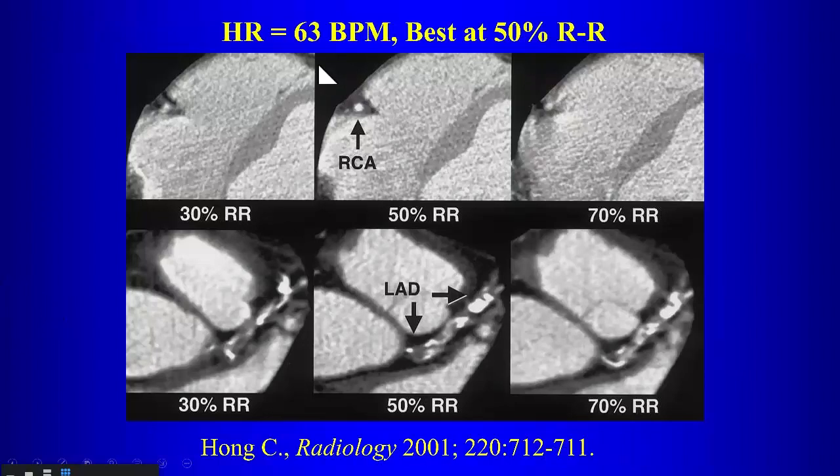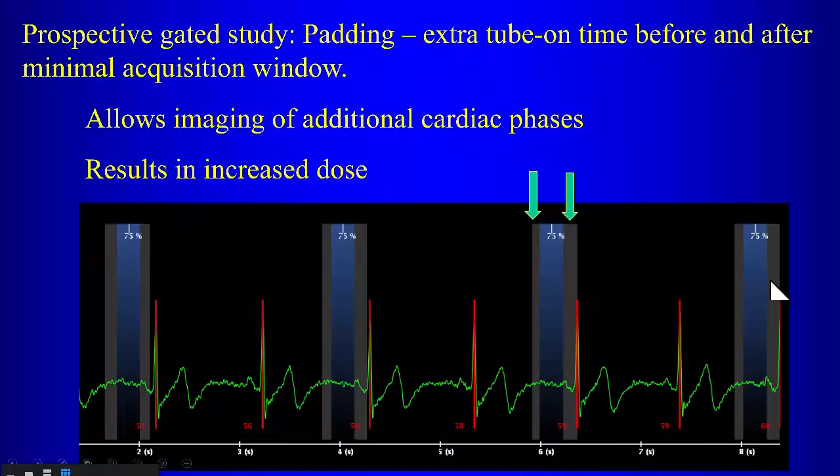So in this particular example, with the heart rate at 63, the right coronary artery at 50% of the RR interval, you can see that you get some very good reconstructions there, whereas at 70% of the RR interval, the right coronary artery looks blurrier. So you need to interact with the data in terms of the different cardiac phases. Now, that's for retrospective gating because you will have all of those phases available to you.